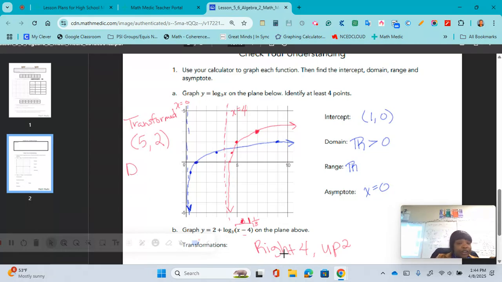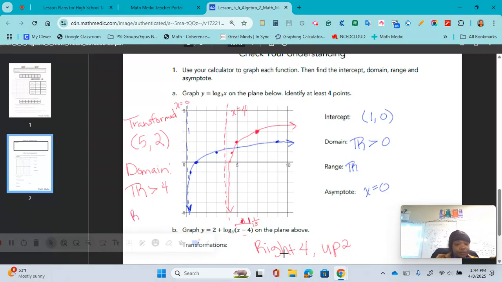And then we need to change our domain. Our domain, which is our what value? Our x value. Our x value does not go past 4. So it is all real numbers greater than 4.